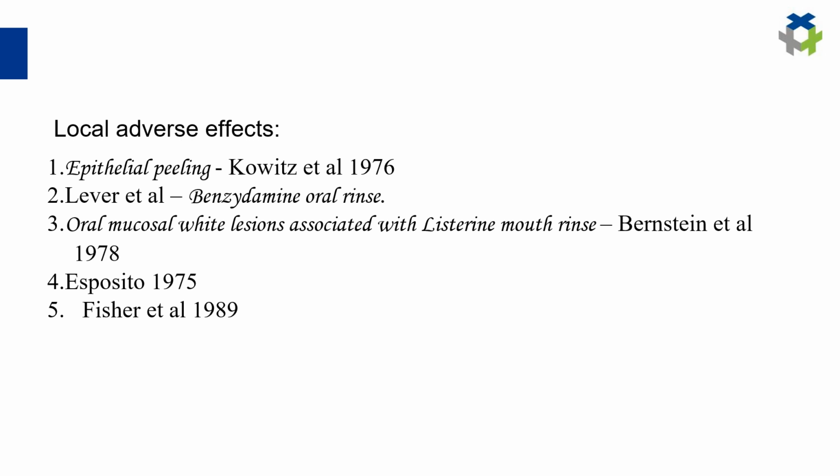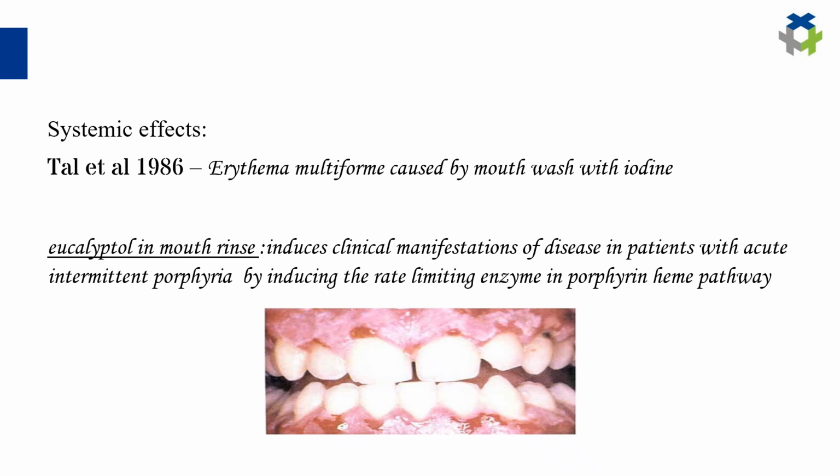So what are the local and the systemic side effects? The local effects may include epithelial peeling, mucosal lesions and staining. A rare systemic effect includes allergic reactions or triggering certain metabolic disorders in sensitive individuals. Like systemic effects, erythema multiforme caused by mouthwash with iodine.